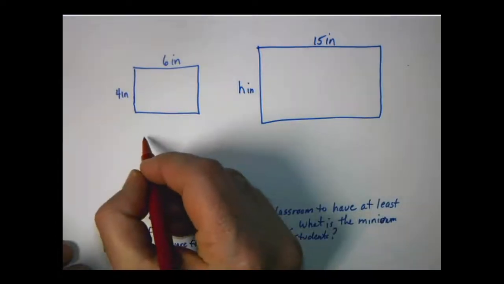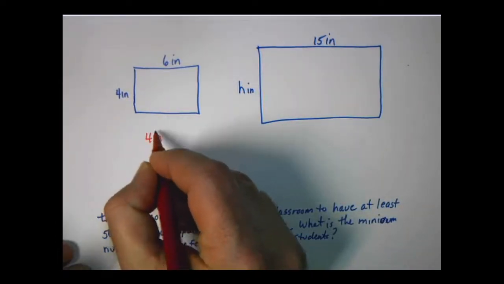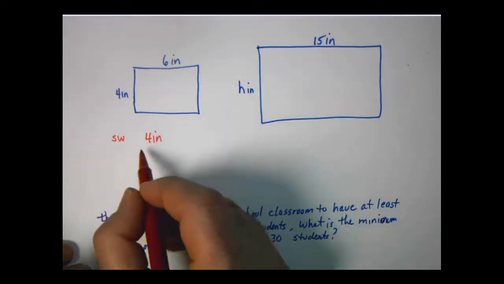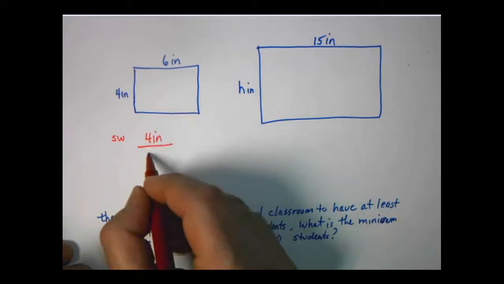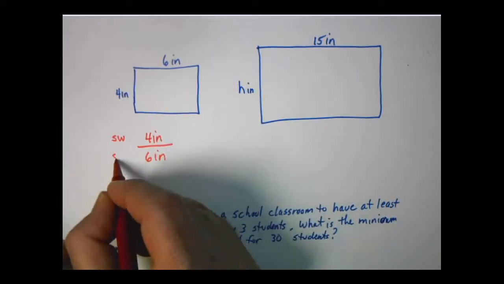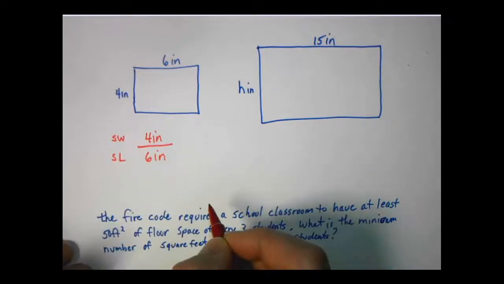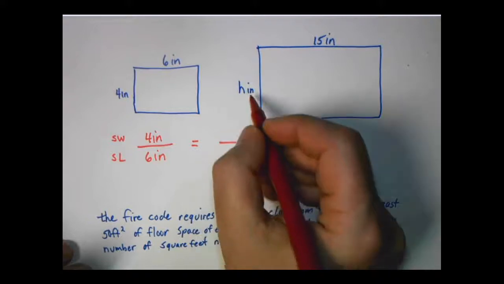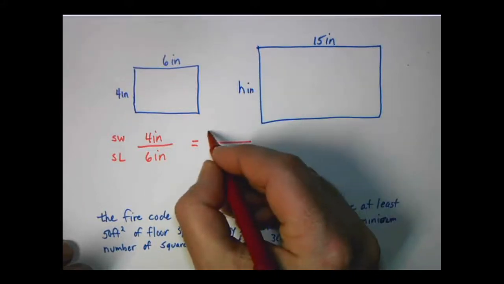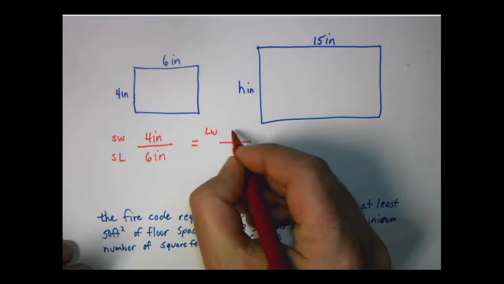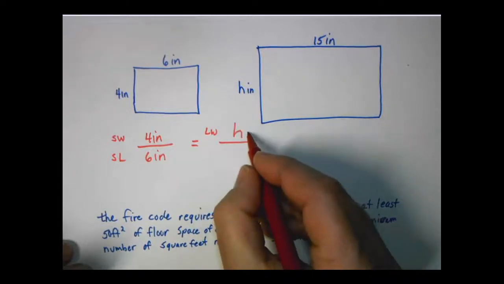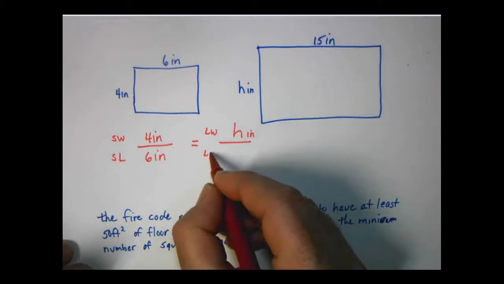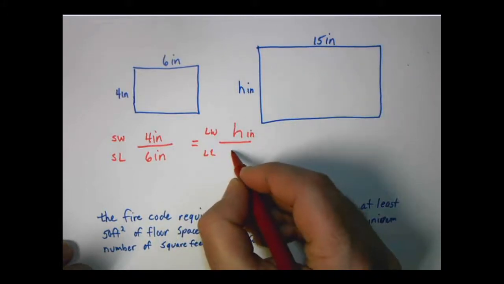So if we set this up, we have 4 inches on the small picture's height, so I'm going to write small over 6 inches, the small figure's width, and that's going to be equal to the large picture's height, and that's an H at this point, and the width is 15 of the large picture.